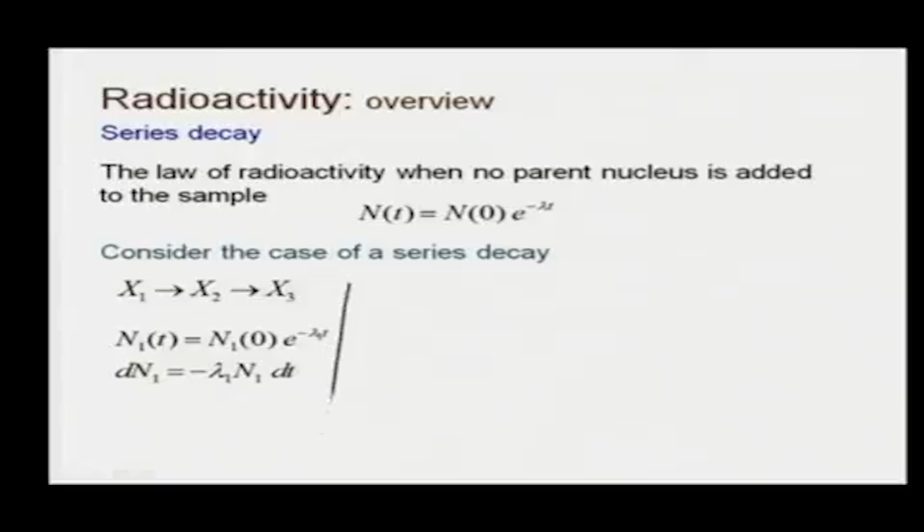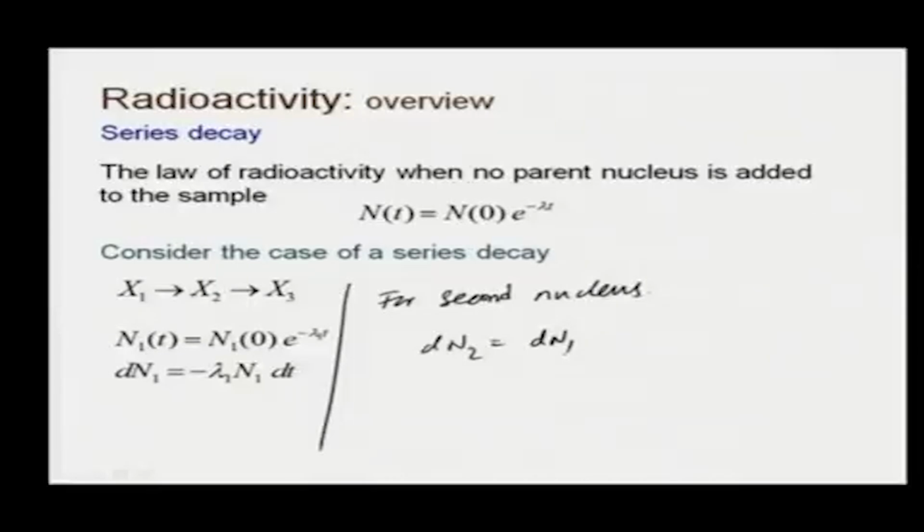Now, for the second nucleus, let us see what happens. dN2 is equal to dN1. This would have been the case if x2 is stable. Whatever N1 x1 decays is converted into x2.